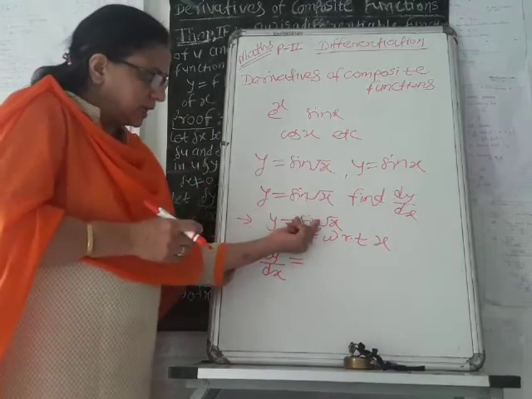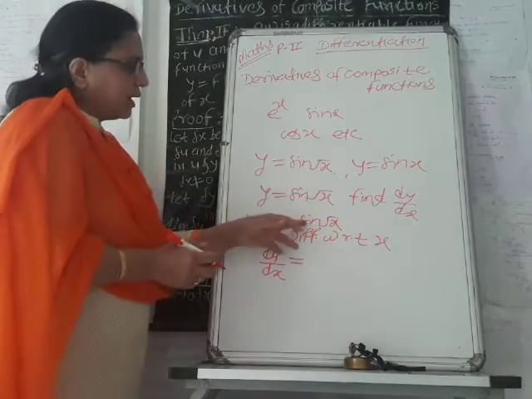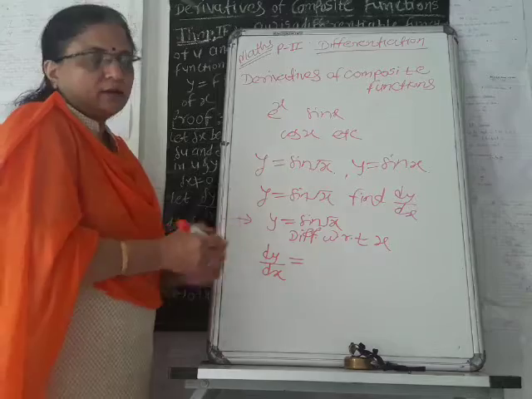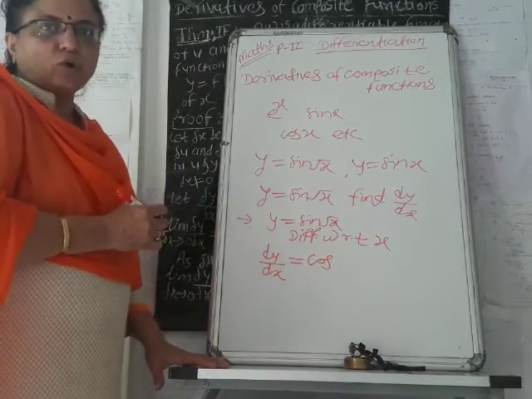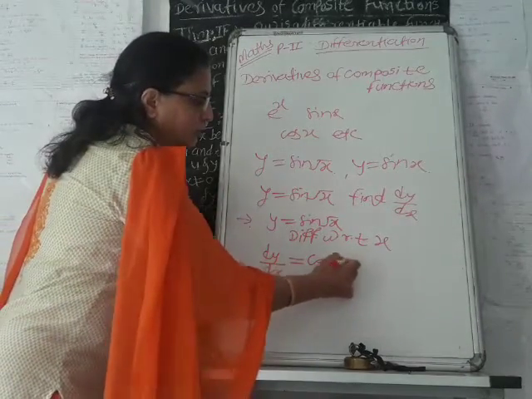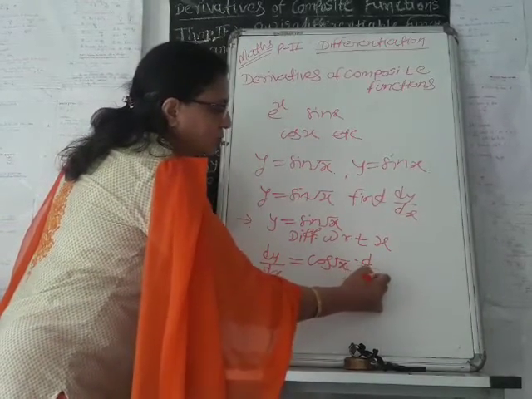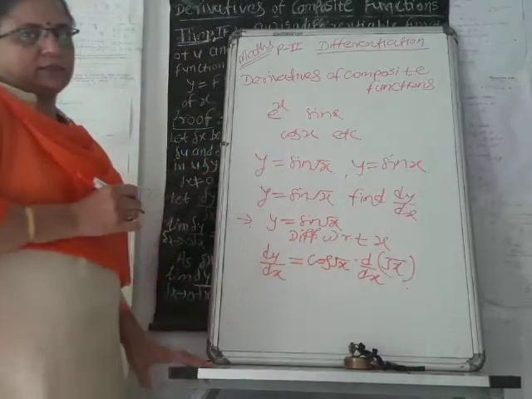I think sine comes first. So here we find the derivative of sine. What is the derivative of sine? We know that the derivative of sine is cos, and that under root x stays as it is: cos of under root x, into d dx of under root x.